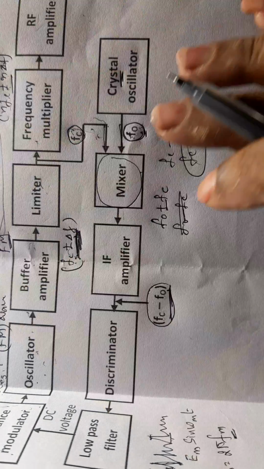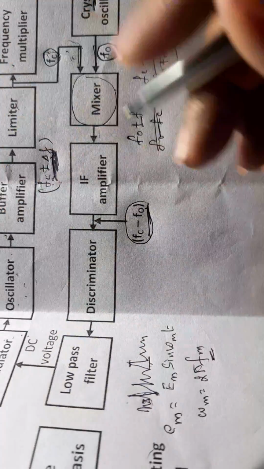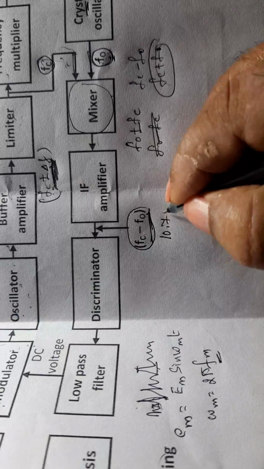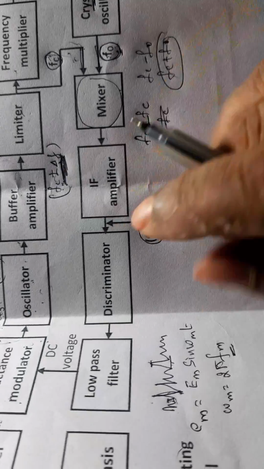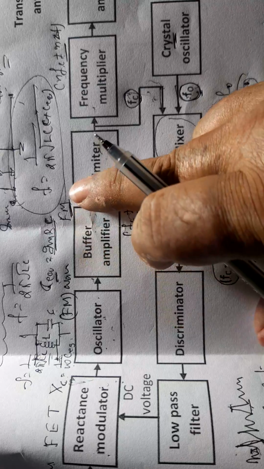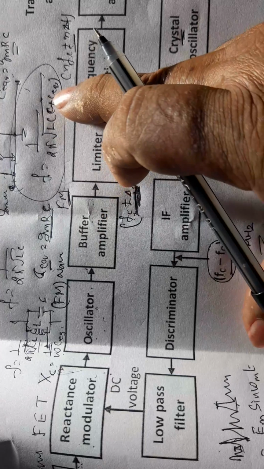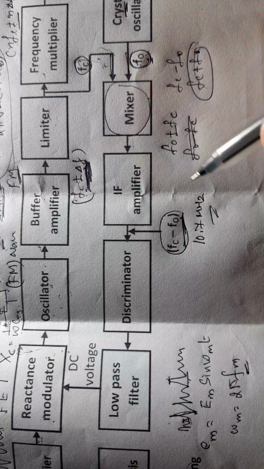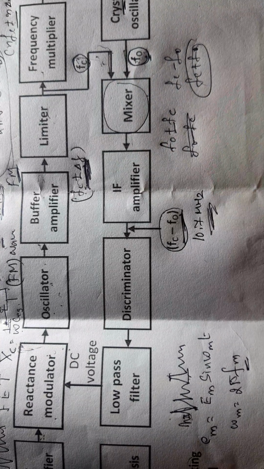All over the world, for an FM transmitter, this intermediate frequency is fixed, that is 10.7 megahertz. Whatever may be the message signal, whatever may be the frequency of the frequency modulated signal, the intermediate frequency is fixed at 10.7 megahertz. This is for FM transmitter.